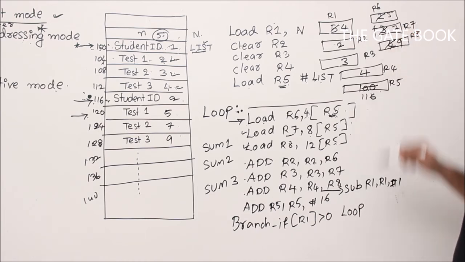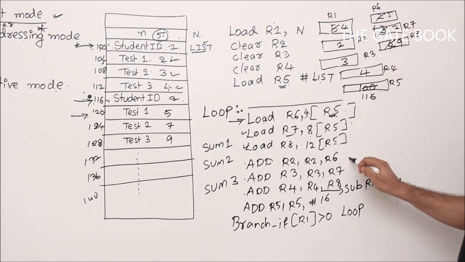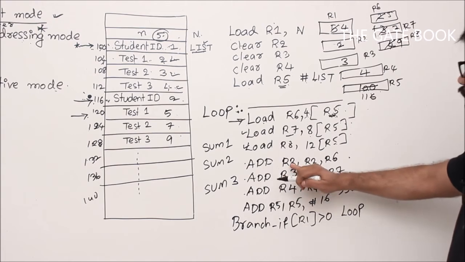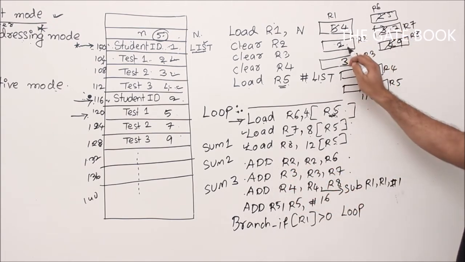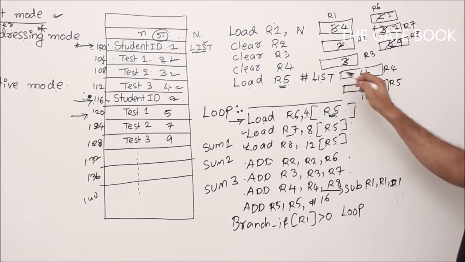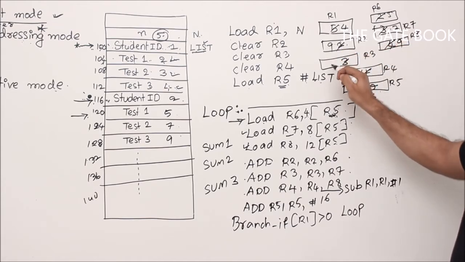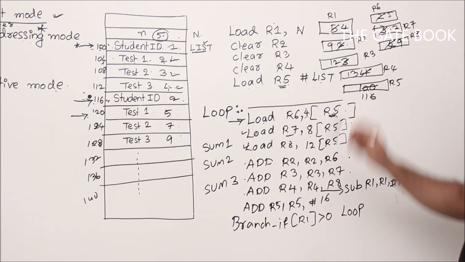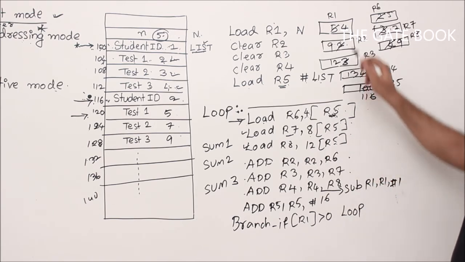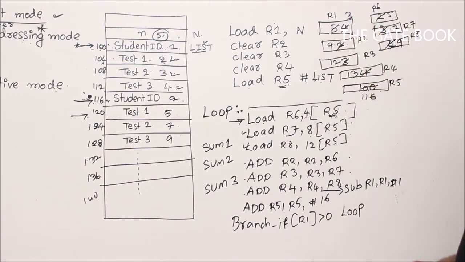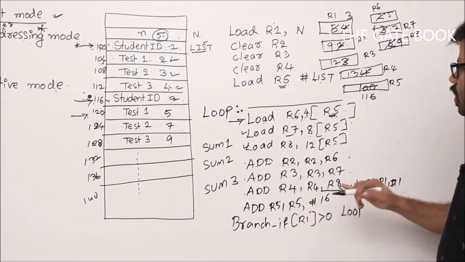Once they have been taken, we will do these 3 steps. R6, R7, R8 will be added to R2, R3, R4 respectively. 2 plus 7, 9, 3 plus 9, 12, 4 plus 9, 13. Then again subtract R1 equal to R1 minus 1. Then this will become 3. Now add R5 equal to R5 plus 16.